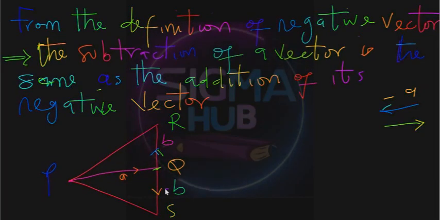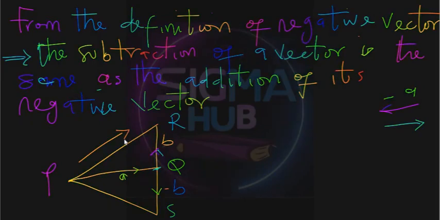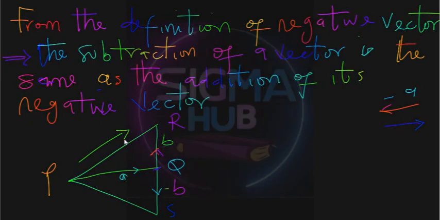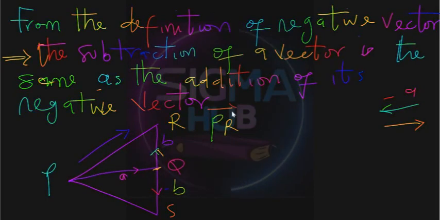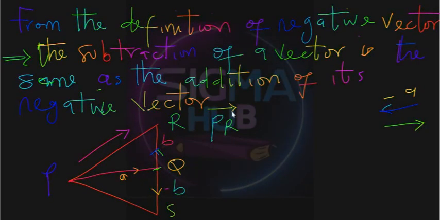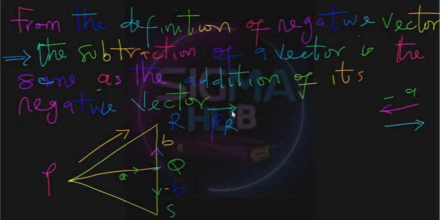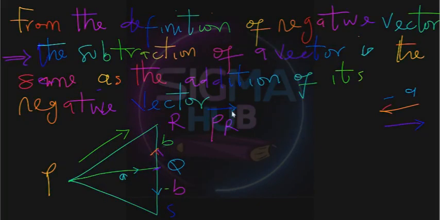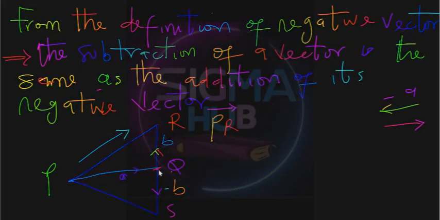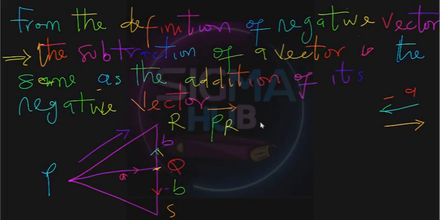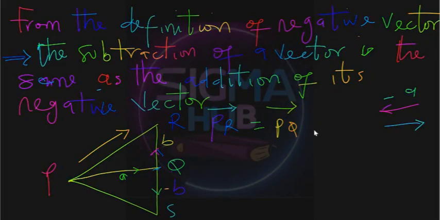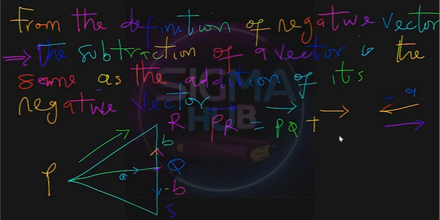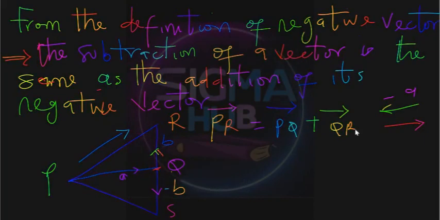Now, if I want to move from P to R, that is PR, using the triangular law of vector addition, it's the same thing as me moving from P to Q, then Q to R. So it's the same thing as saying PQ plus QR.